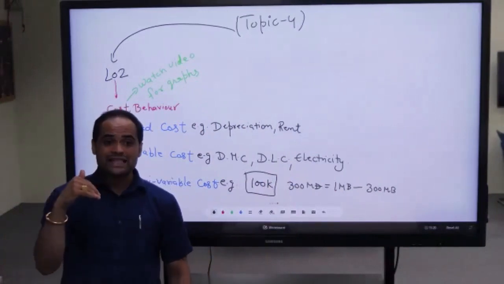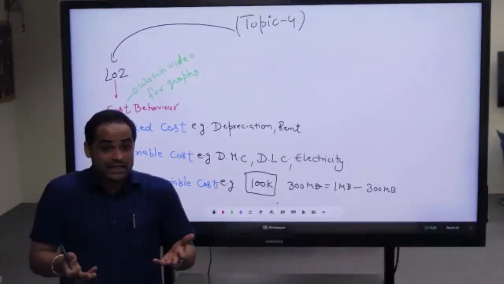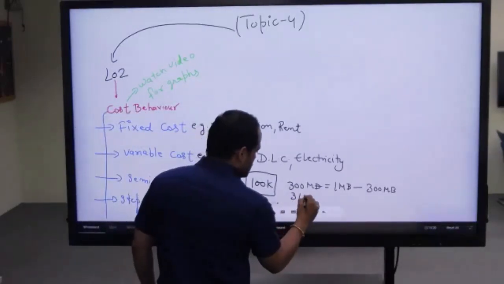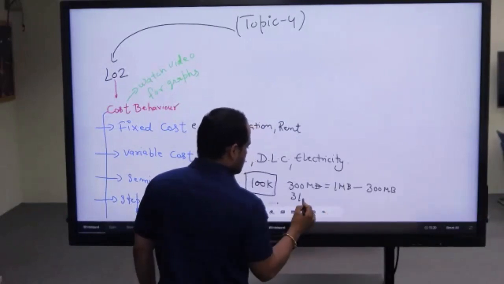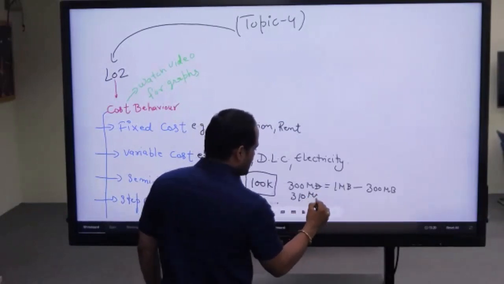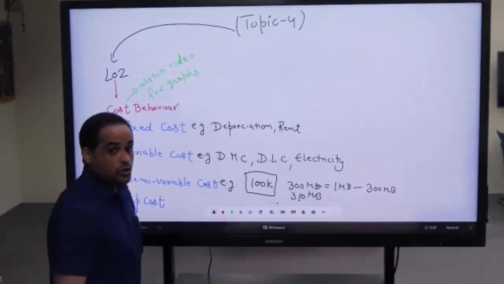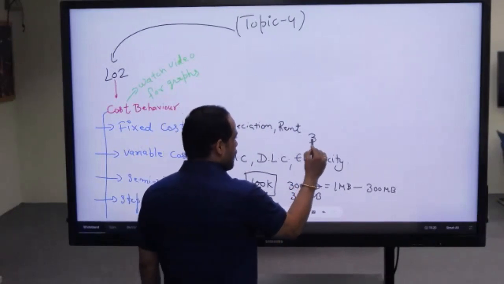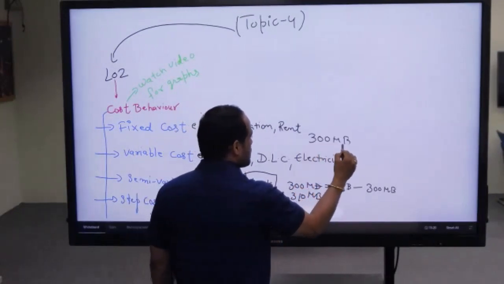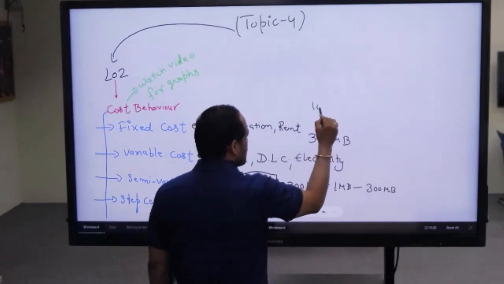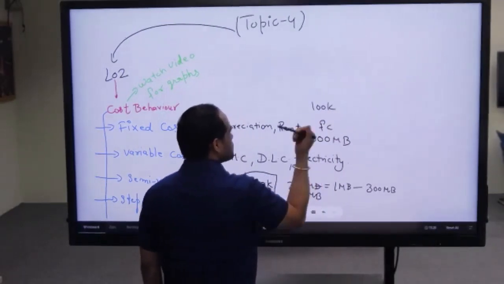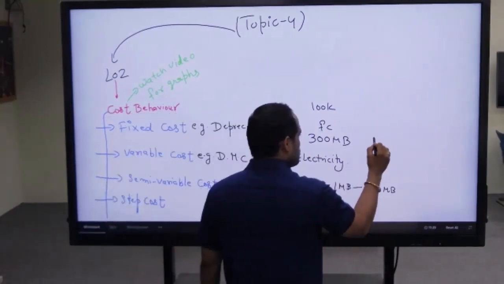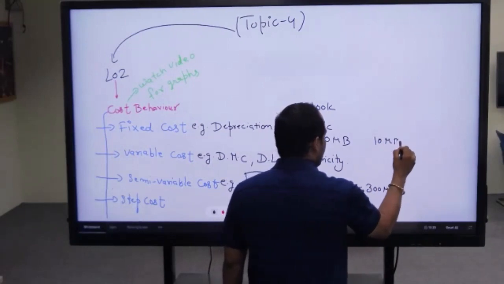But if you cross that limit, so let's say you use 310 MB, which means it's a combination of 300 MB, which is fixed cost, 100,000 Vietnam dong, and you use 10 MB extra.